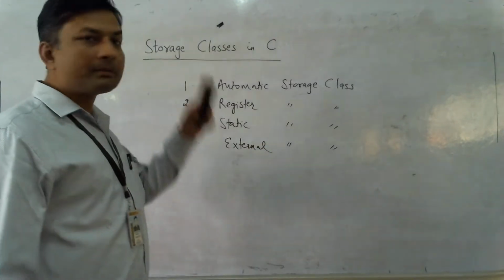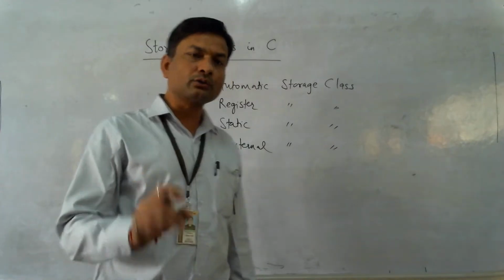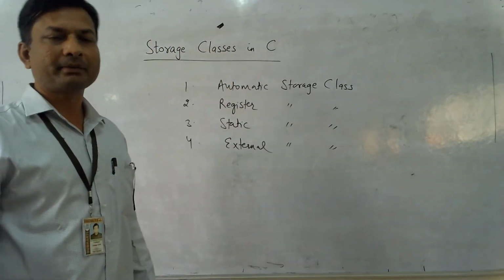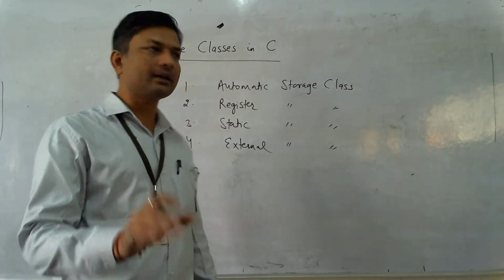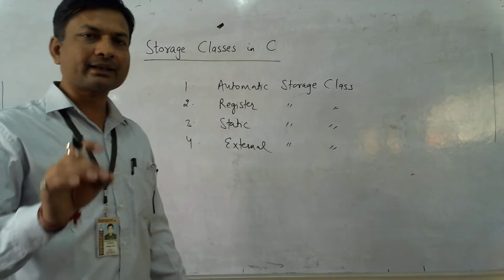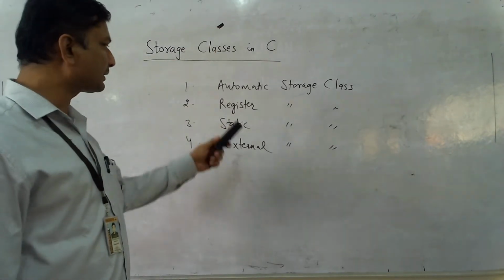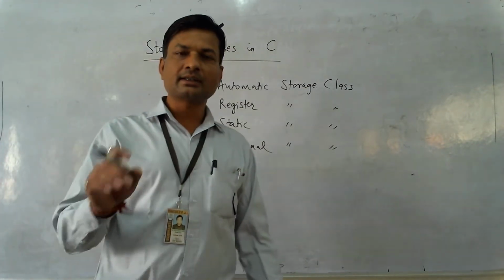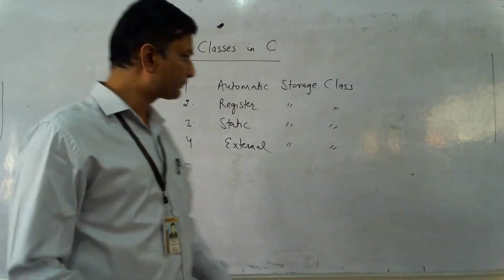But we must know that each variable belongs to any one of these 4 storage classes. Along with data type, a variable also has a storage class. Either a variable belongs to automatic storage class, or register storage class, or static storage class, or external storage class. These storage classes tell us many things about the variable.